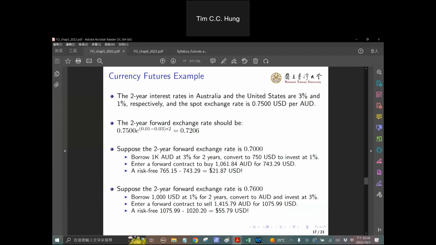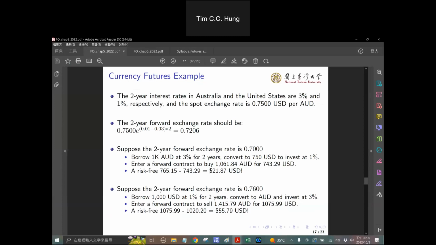We are obligated to pay people back our original debt, and we know 1,000 Australian dollars will grow at 3% for 2 years. So at the end, we will owe 1,061.84 Australian dollars in 2 years.